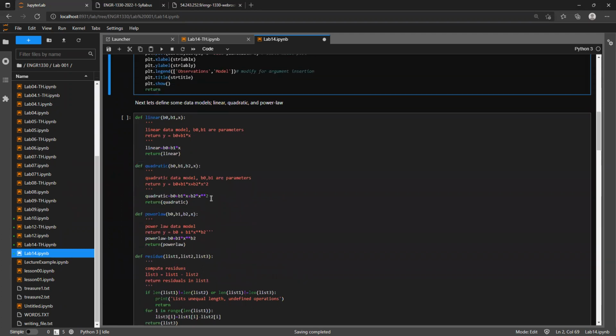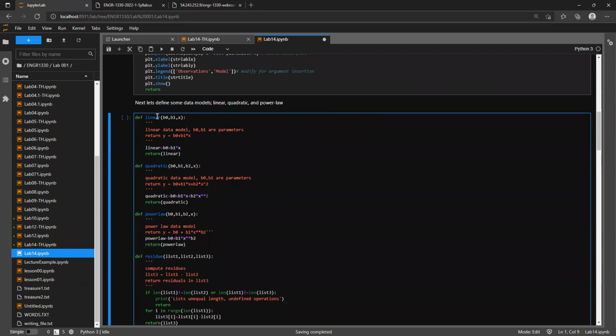We're going to make a couple other functions to make our lives easier. We've got one called linear. This is a linear data model where B0 and B1 are simply the y-intercept and the coefficient in front of x. Surely you have all seen something like this in algebra.